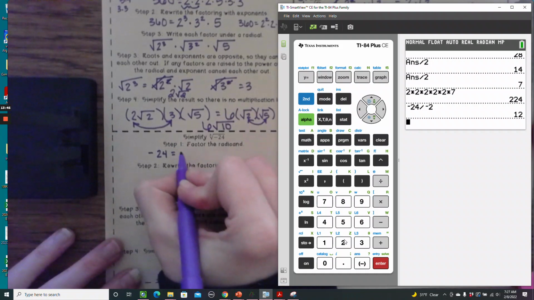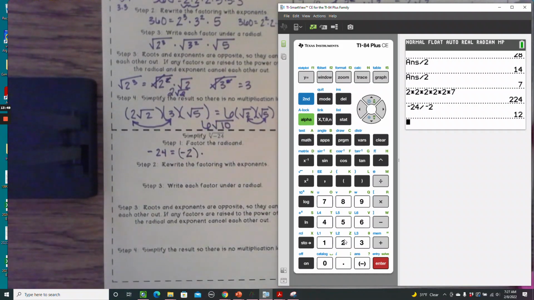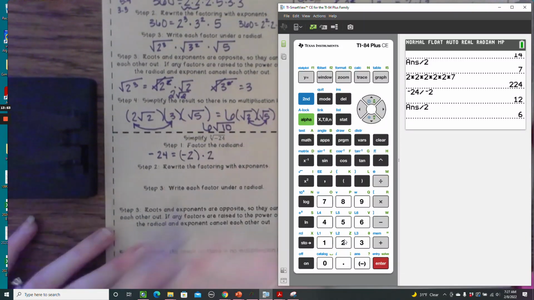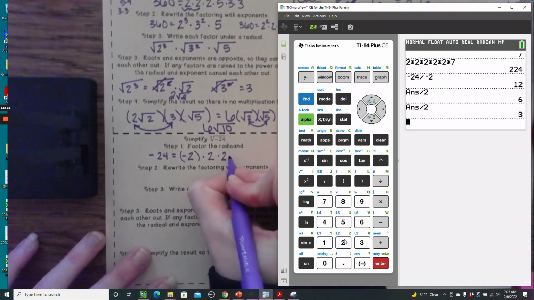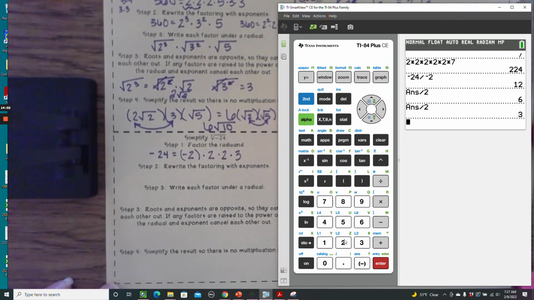So I know that I have negative 2. Now it's times 12. So I can divide that by 2. I can divide the 6 by 2. And then I'm left with a 3.